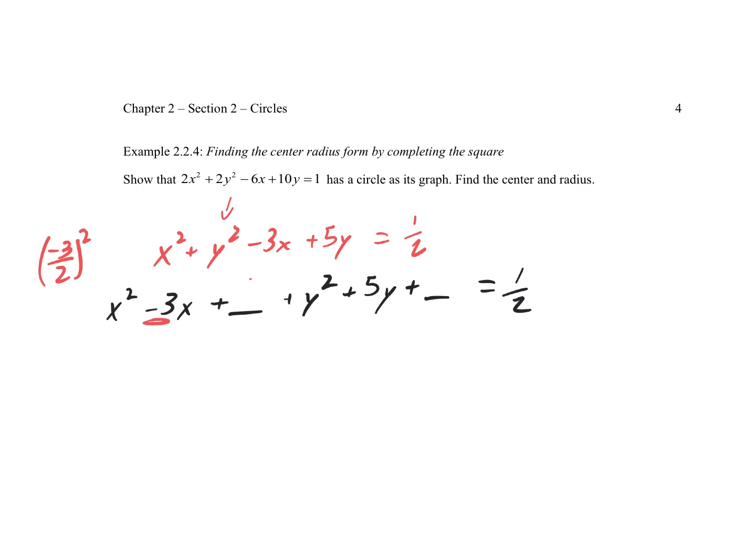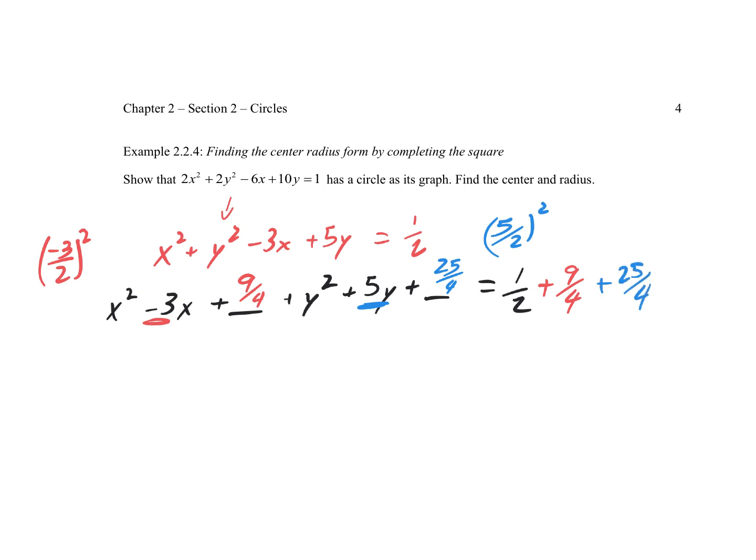So in this case, we're going to get 9 divided by 4 when we square it. And same with the y, we're going to do the same exact thing in the y term. We're going to take that 5 divided by 2 squared is going to give me 25 over 4. And once again, don't forget to add them on the right-hand side as well. So we're going to have plus 9 over 4 here, and we're going to also have that 25 over 4.